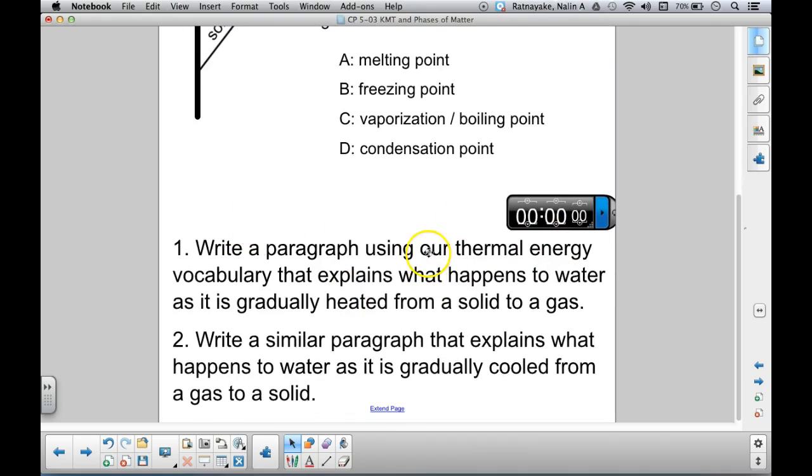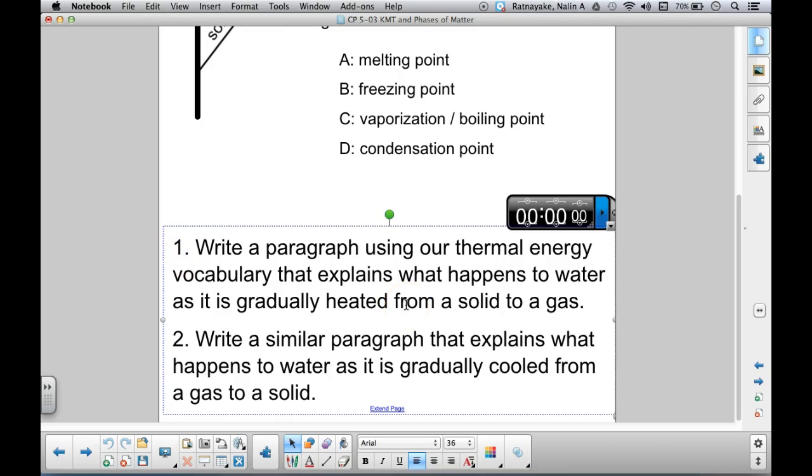Here's a task for you to practice using what we know already in the thermal energy unit. 1 and 2 should be in your notes when you come to class tomorrow, and that is to write a paragraph using our thermal energy vocabulary that explains what happens to water as it is gradually heated from a solid to a gas. Number 2, same thing, except in reverse.